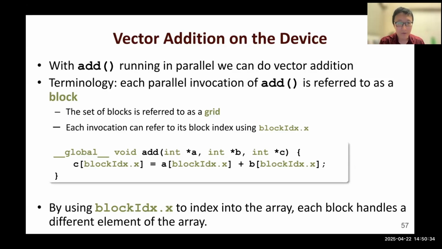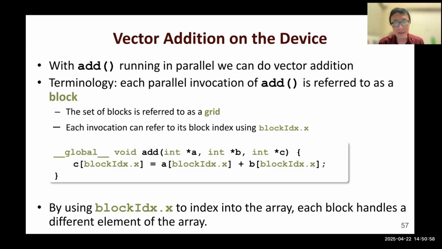First core will have blockIdx.x equals 0, second one will be 1, etc. So even though multiple CUDA cores are running the same function, the element of the vectors that you are processing will be different because of this blockIdx.x.